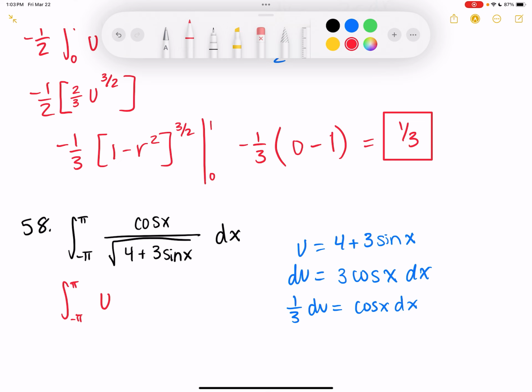So u to the negative 1/2 du, and then I don't want to forget that 1/3, so I'm going to put it out front. So when I take that integral, what do I get?